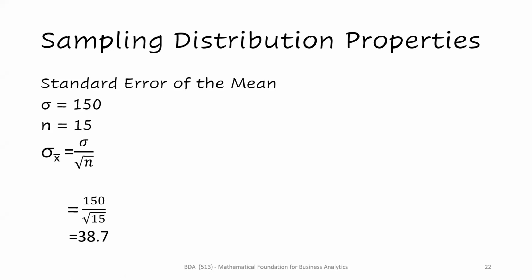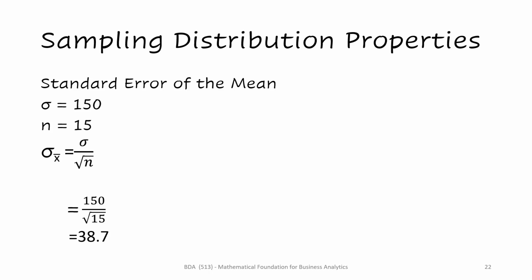Yes, Muslim. So why are we not using the 9 for the sample size? So the 9 is the number of samples. The 9 is not the sample size. So for each sample, we have the sample size, which is 15.